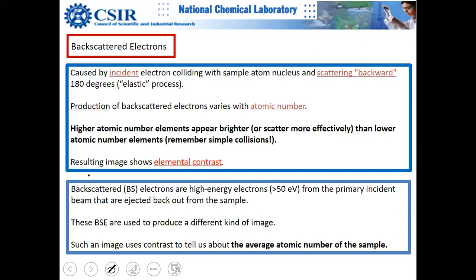The third difference is that backscatter electrons, as we have already noticed, carry information from the subsurface, while secondary electrons carry information from the top surface. We are going to see many examples from comparative studies of both techniques.